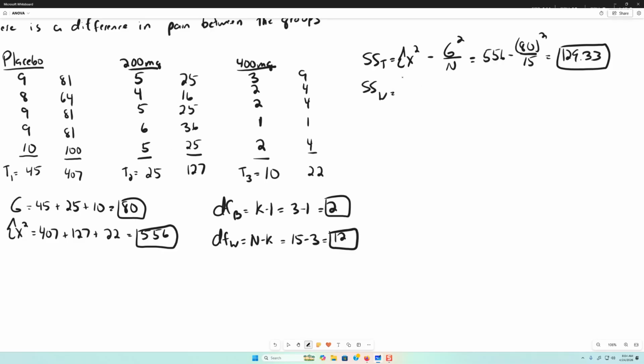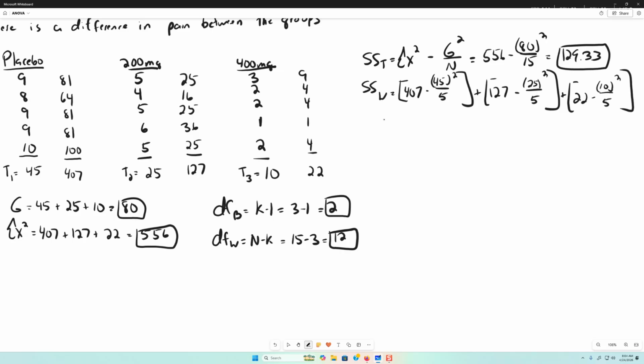So it's 407 minus 45 squared over 5, plus 127 minus 25 squared over 5, plus 22 minus 10 squared over 5.